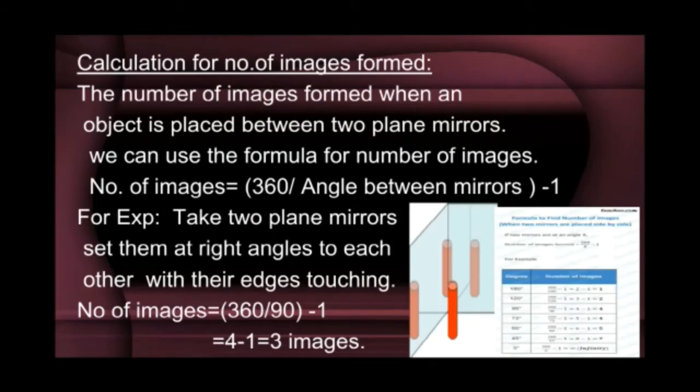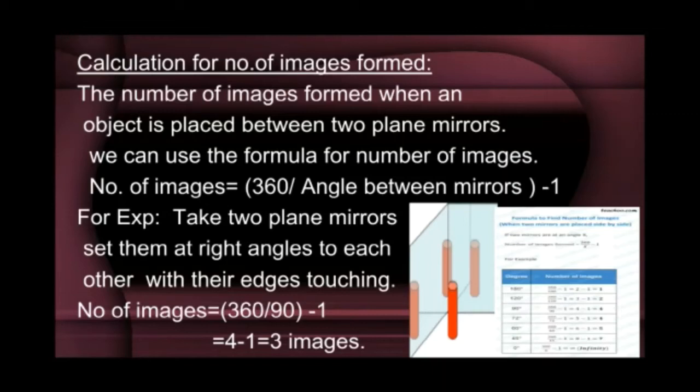Calculations for the number of images formed. The number of images formed when an object is placed between two plane mirrors: we can use the formula, number of images is equal to 360 divided by the angle between the mirrors, minus 1.